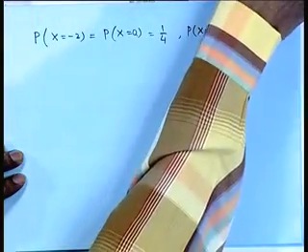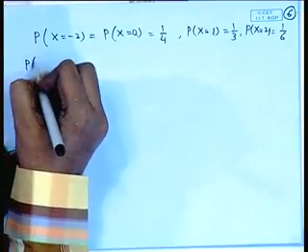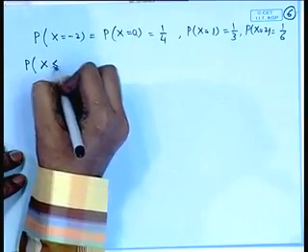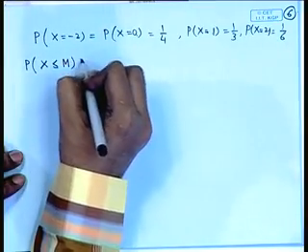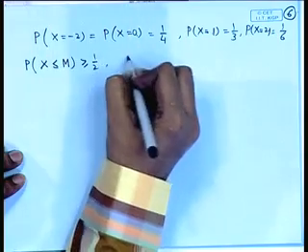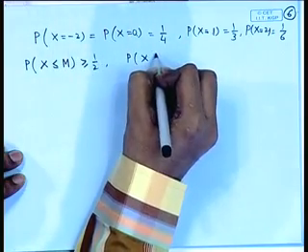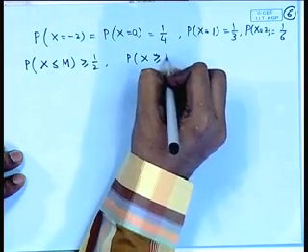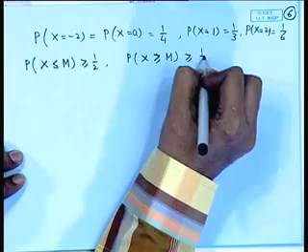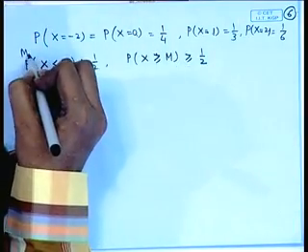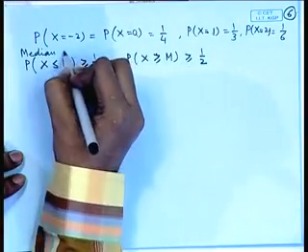If we apply the definition of the median, probability x less than or equal to m is greater than or equal to half, and probability x greater than or equal to m is also greater than or equal to half. So, median must satisfy this condition.